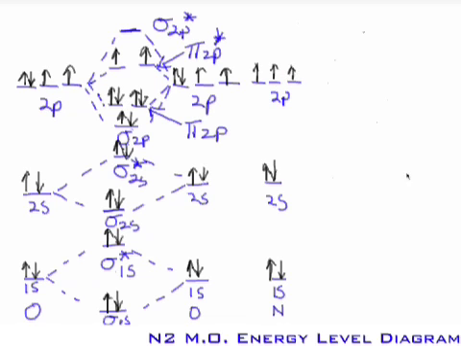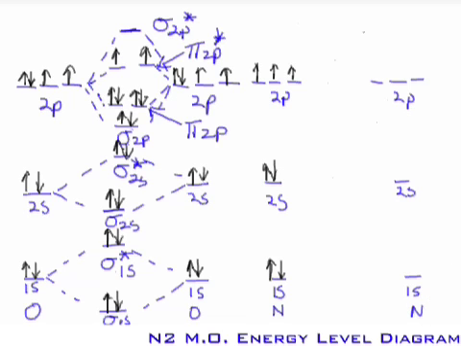Now what's interesting is how these split out when I combine another nitrogen with it. And we'll put that over here. We get the exact same orbitals. The sigma 1s, sigma star 1s. The sigma 2s, the sigma 2s star.